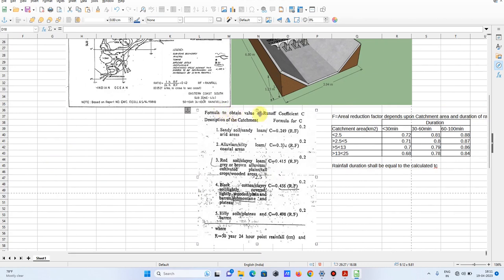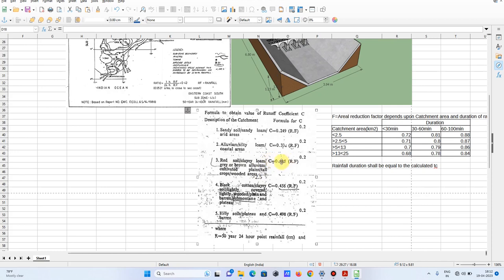Here you can see the runoff coefficient C for the different characteristics; it comes under dry cultivated soil.